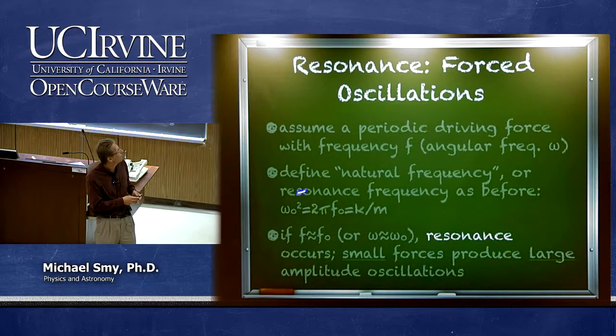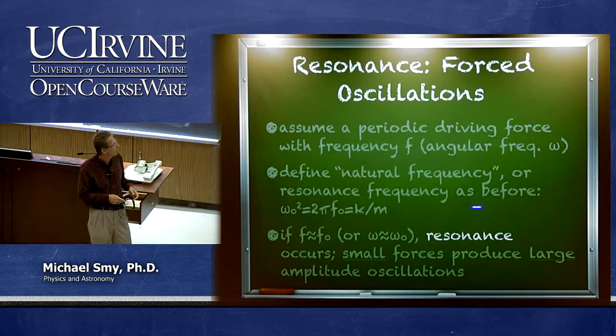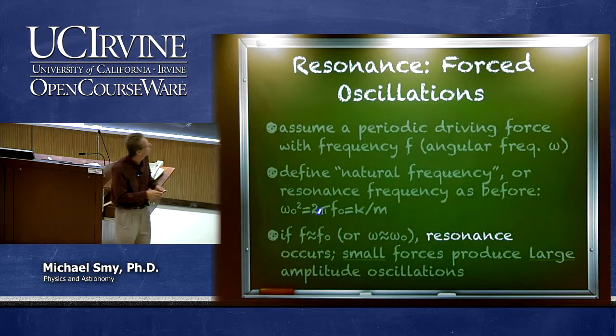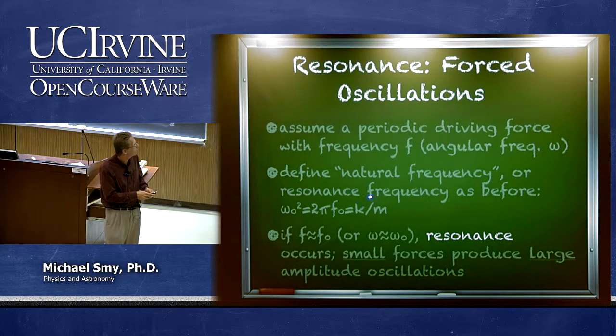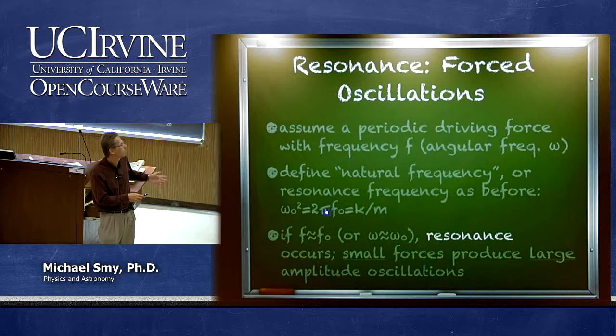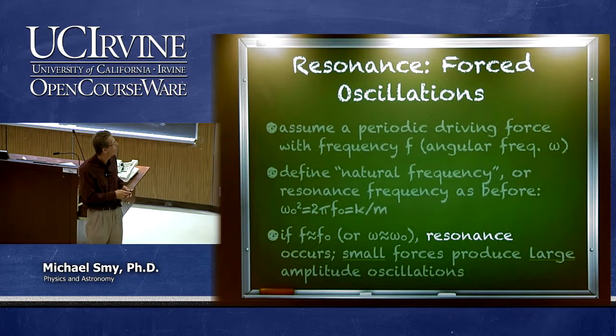And we can define a natural frequency, or the resonance frequency, and we do that as before. I'm sorry, I forgot the square here around the omega 0 square. So this is simply the spring constant over the mass, or the constant of gravity over the length.